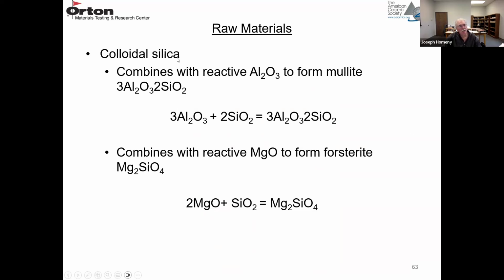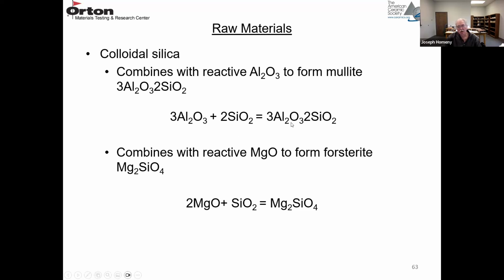So colloidal silica has a couple advantages. You can put it together with reactive alumina or reactive MgO. So just fine particle size alumina or fine particle size MgO. So when you have a silica with alumina, it's going to form mullite. And we've seen this reaction before.